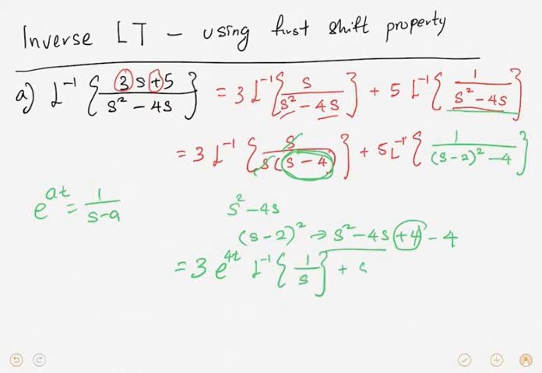Then plus 5 inverse. Again, this one we can change to the exponent 2t, and then what we are left with here is 1 over s squared minus 2 squared.